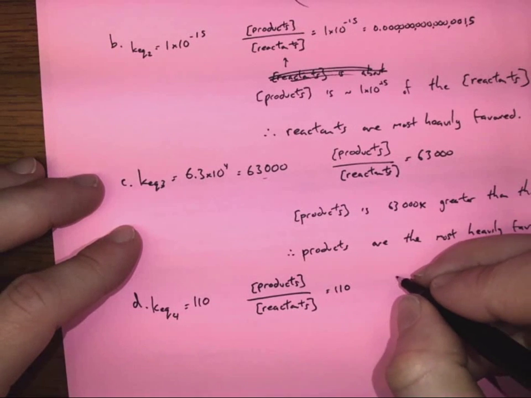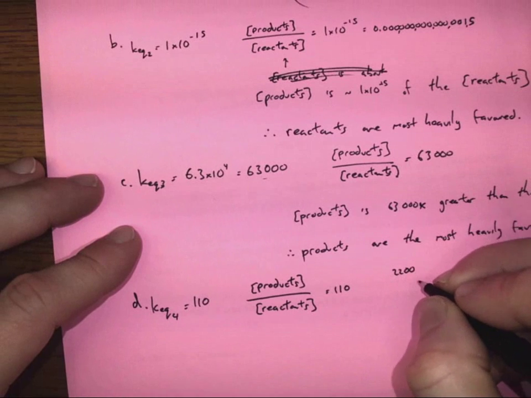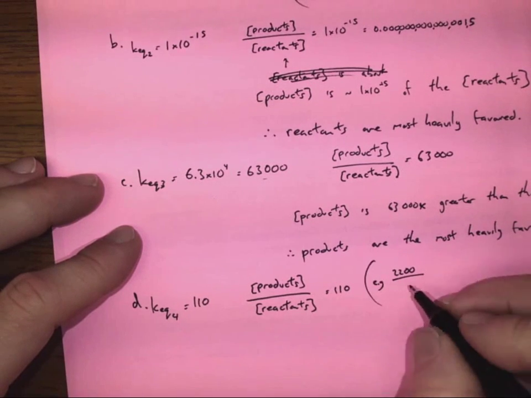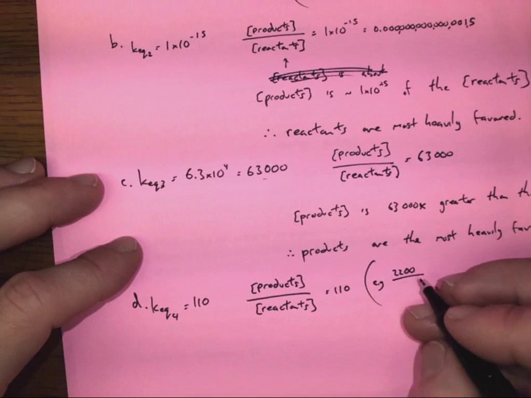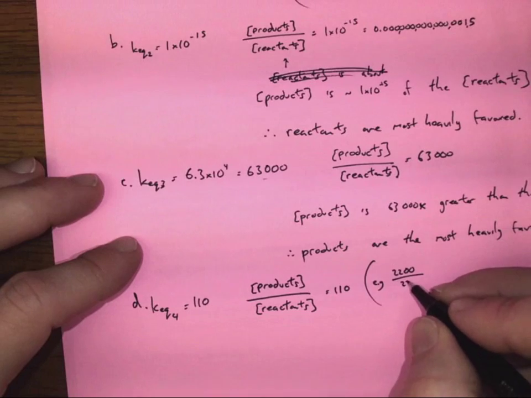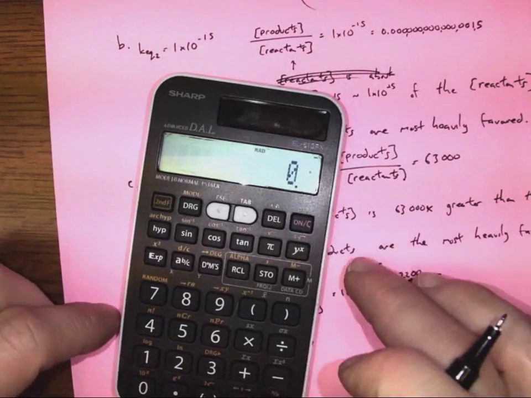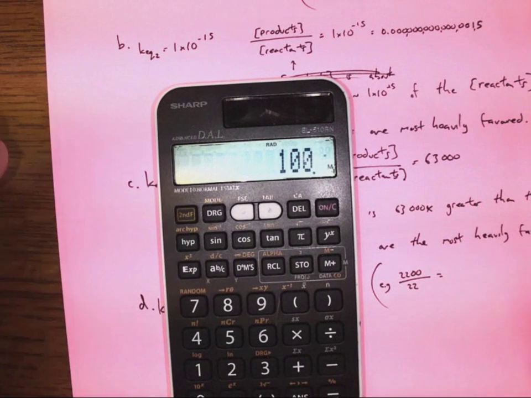So let's do an example. I'm going to pick number 2200. And if I divide that, this is like a little aside here, by a number that's 110 times smaller than that, which I think is 22. Let's just check. Is it 110 times bigger? No, actually it wasn't. I didn't do that right.